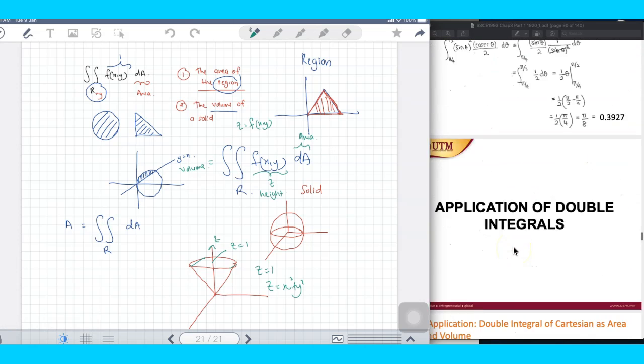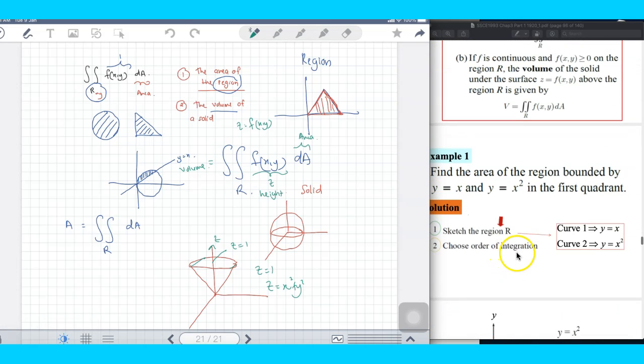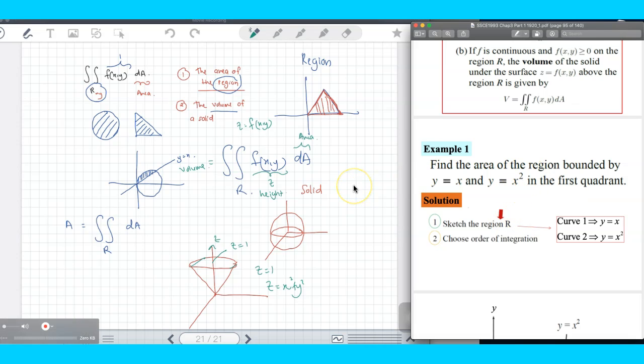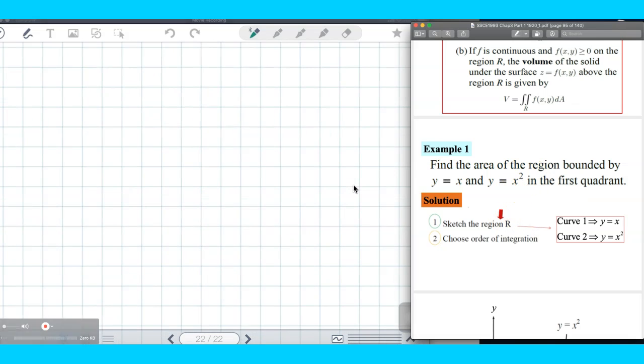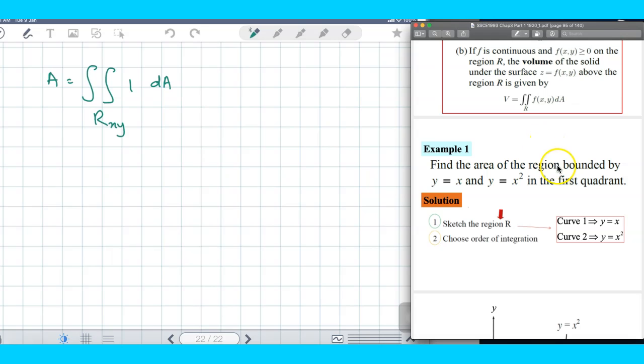Okay, we look at the example here. We want to find the area of a region. The area using double integral is always the integral of 1 dA, where your region is on the xy plane, because all the information provided is in terms of x and y. But we need to know the shape of the region.